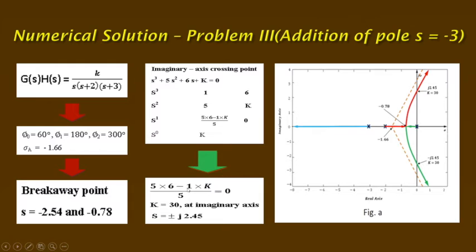Again, the auxiliary equation is 5s square plus k equal to 0, and putting k equal to 30, the value of s is plus or minus j 2.45. At that point, k equal to 30 and s equal to plus j 2.45, and the other is minus j 2.45.